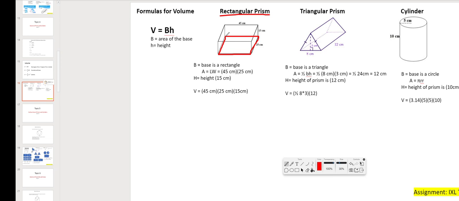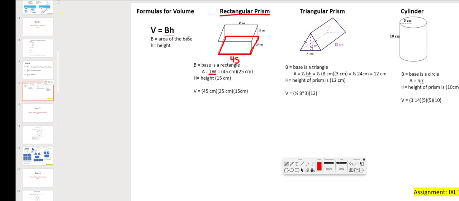How do I find the area of a rectangle? The area of a rectangle is length times width. Here the length is 45 and the width is 25. So 45 times 25 is going to give me the area of the base.